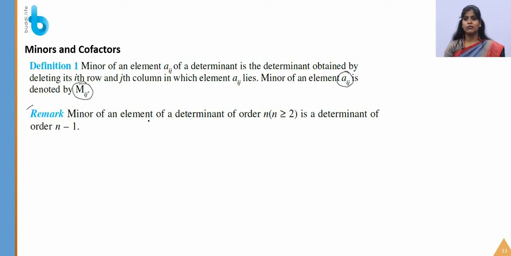An important point: the minor of an element of a determinant of order n is a determinant of order n minus 1. That is, the minor will be of order one less than the determinant. If you take a determinant of order 3 and find the minor for any element, that will be a determinant of order 2.